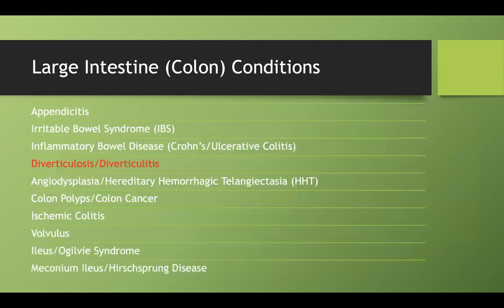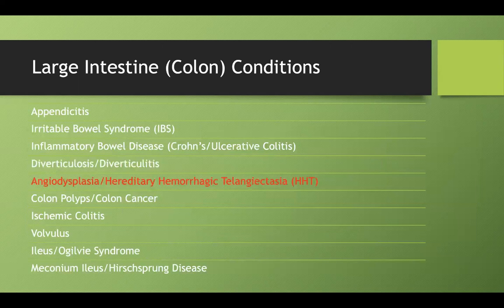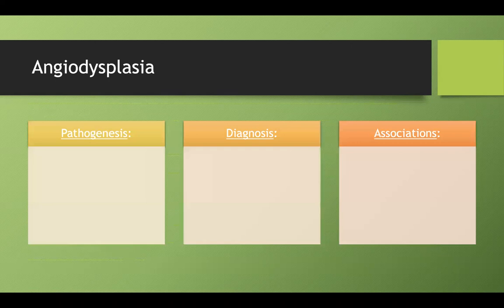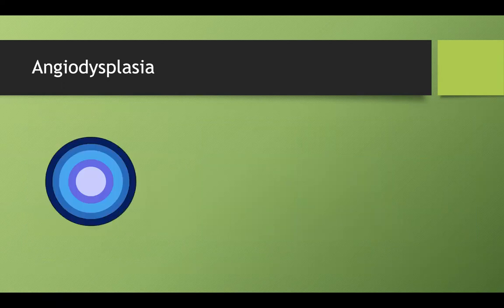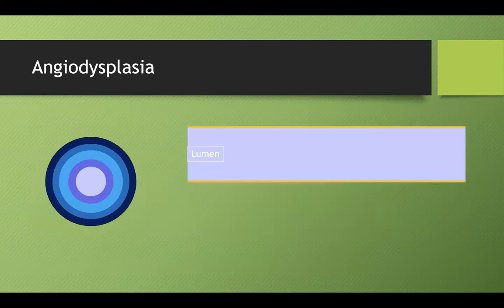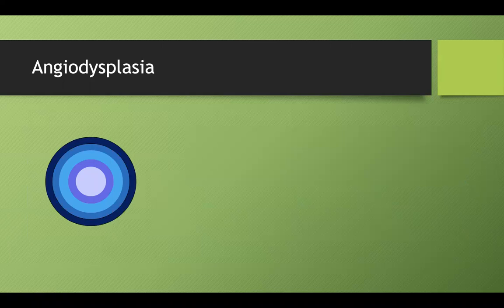Let's move on to another cause of GI bleeding, angiodysplasia and HHT. So angiodysplasia is just a dilation of colonic capillary beds, and this can cause GI bleeding. So here are our layers of our GI tract.